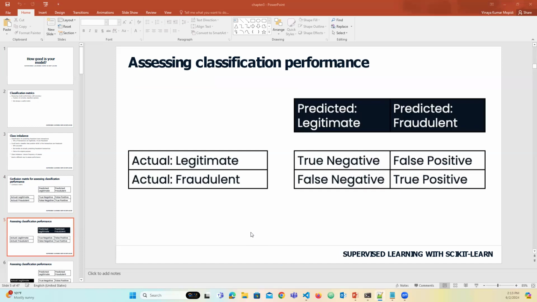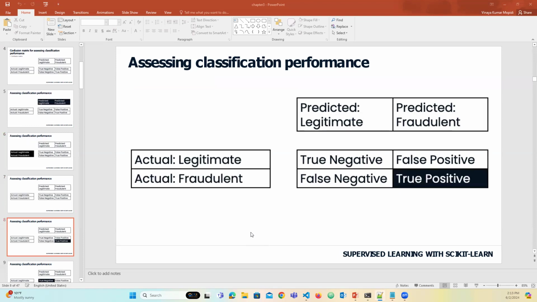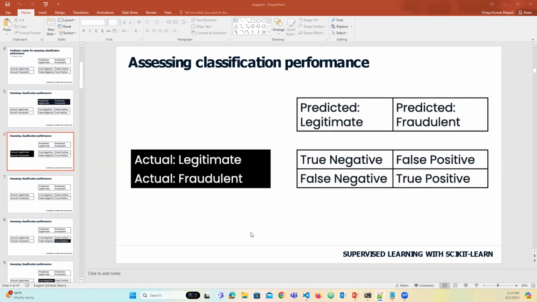Across the top are the predicted labels, and down the side are the actual labels.